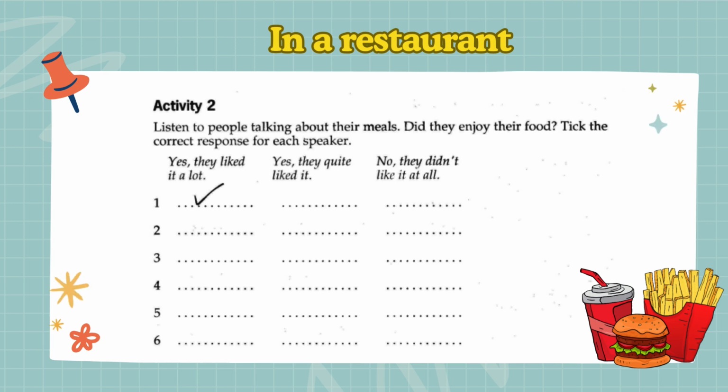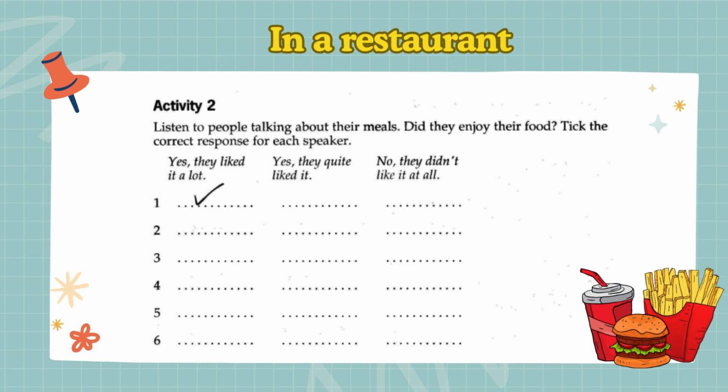1. How was it? Very nice. 2. Did you enjoy your meal? It was all right. 3. How was your fish? Not very good, I'm afraid. 4.